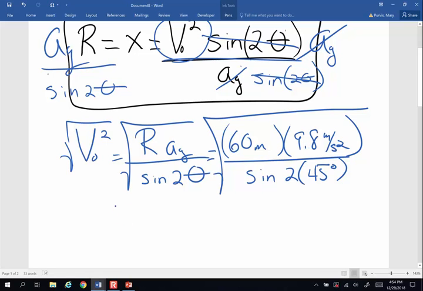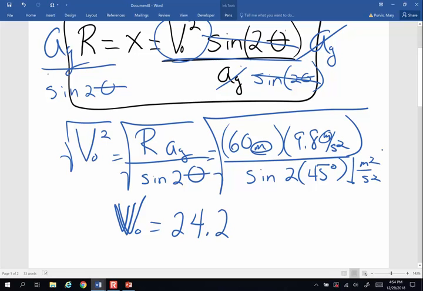The original velocity that I calculated was 24.2, and then let's take a look at units. Meters times meters per second squared gives me meters squared per second squared. When I take the square root of that, meters per second.